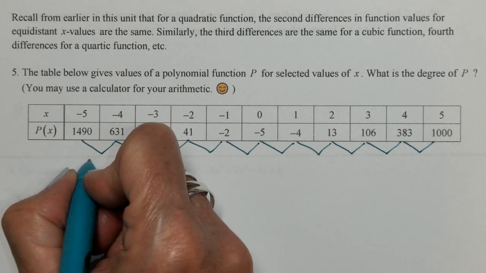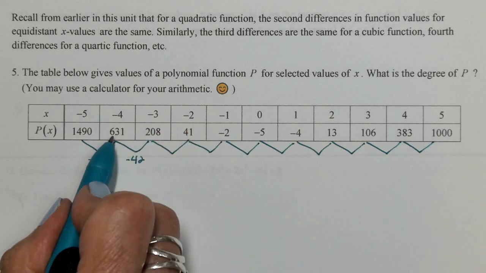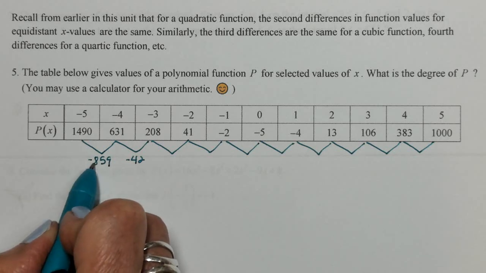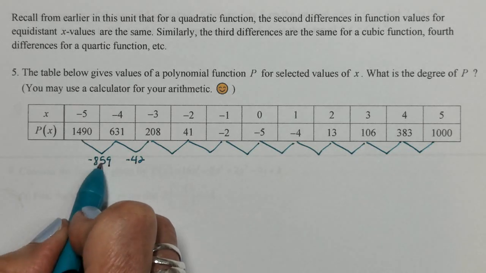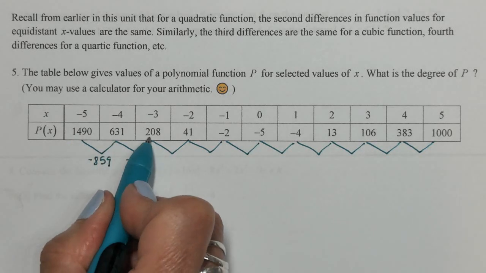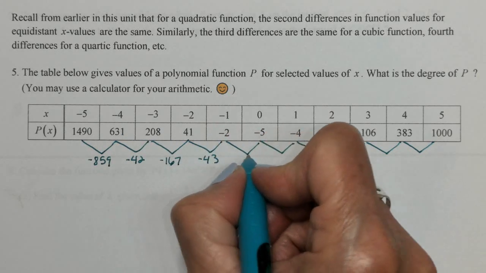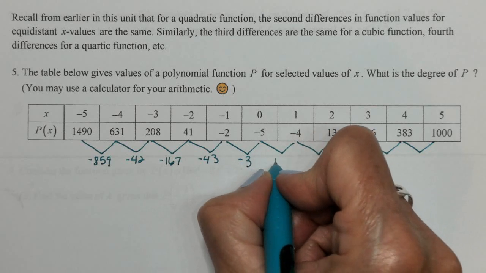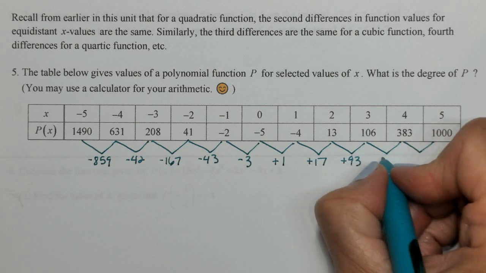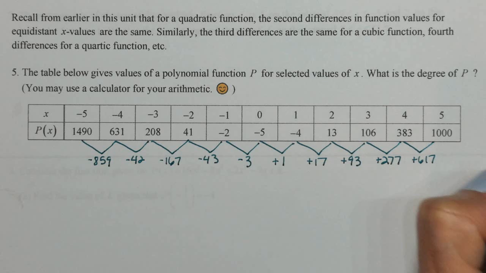So I'm just going to give these to you. This was negative 859, negative 420, and I subtracted 631 minus 1490 to get that. If you take this and subtract 859, you get that. If you take this, subtract 42, you get that, etc. So negative 167, negative 43, negative 3, plus 1, plus 17, plus 93, plus 277, and plus 617.